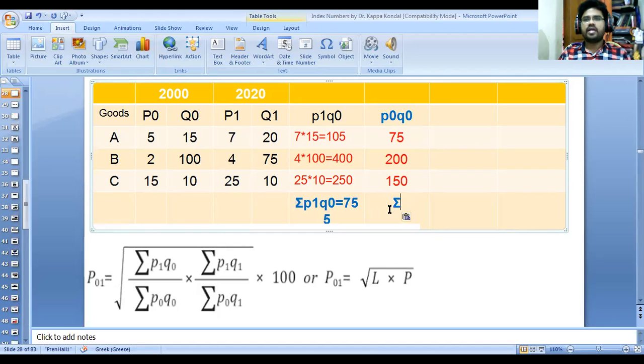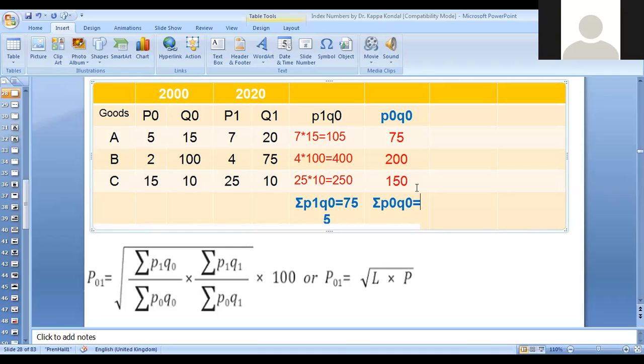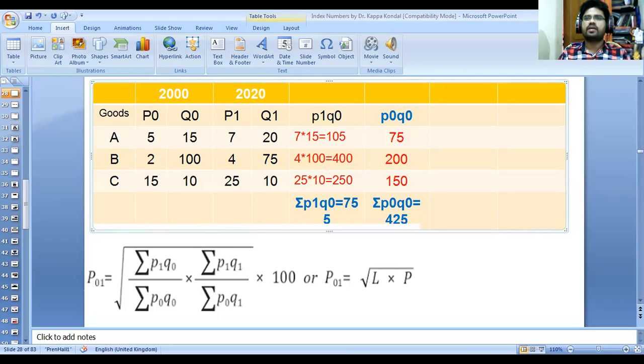If you calculate the sum of P0 into Q0, adding all these values, it is 425. So we have done this one.